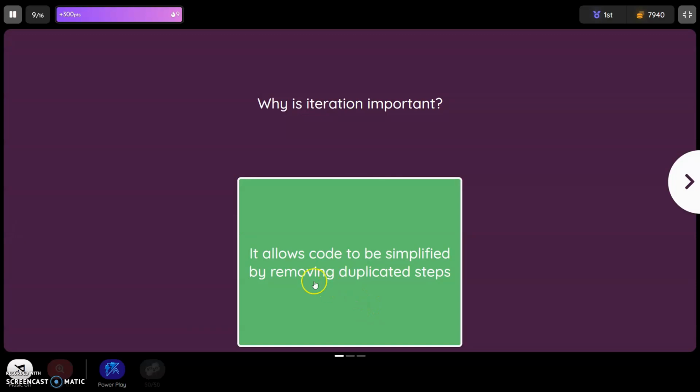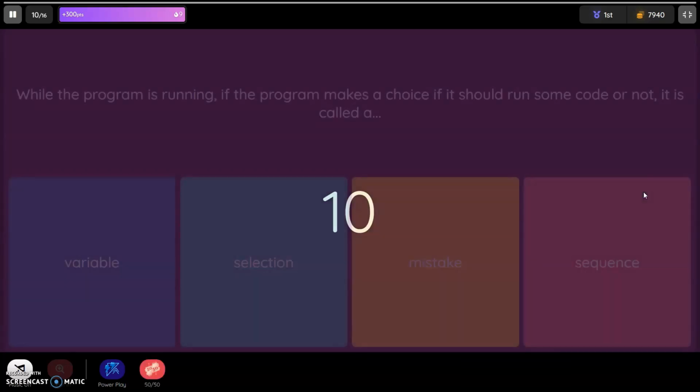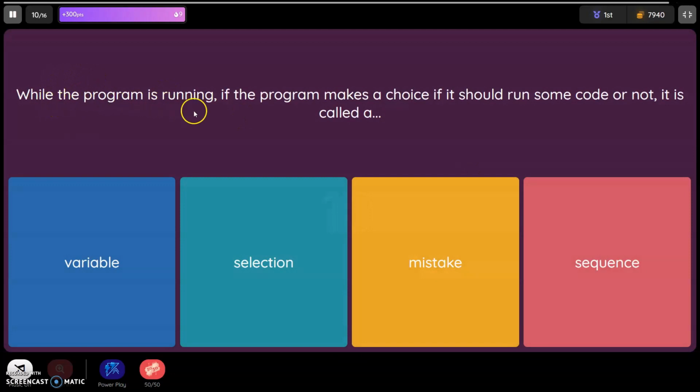It allows code to be simplified by removing duplicated steps. So it keeps on moving and checking if there is anything extra which we do not need. Duplicated steps, that's what it removes. While the program is running, if the program makes a choice whether it should run some code or not, it's called choosing, selection.